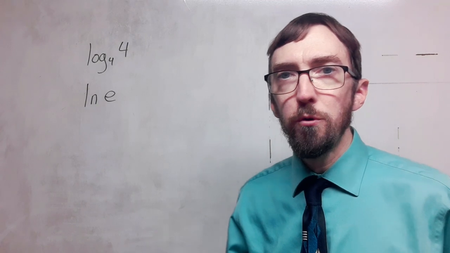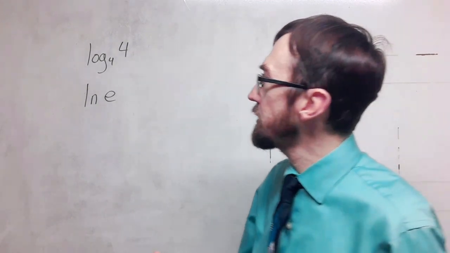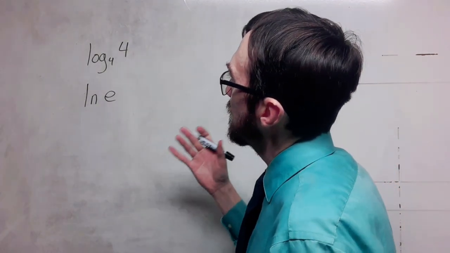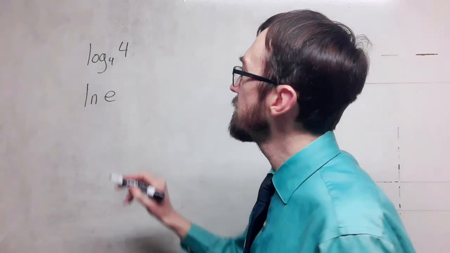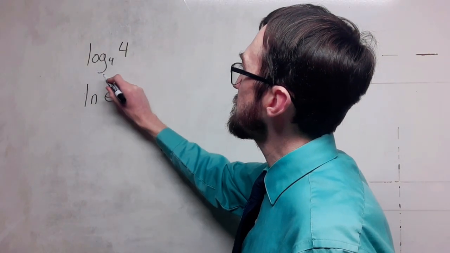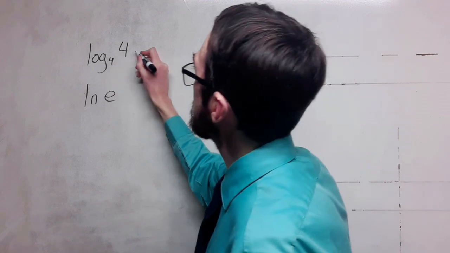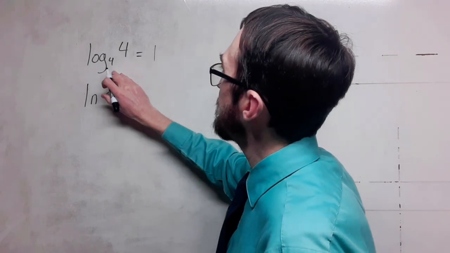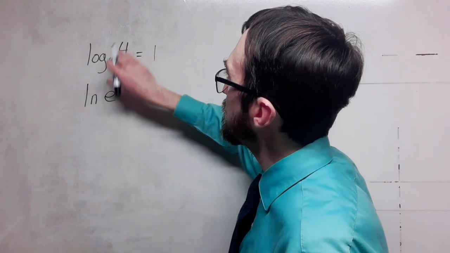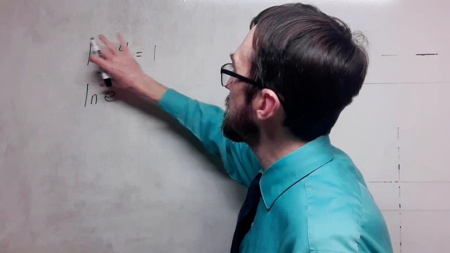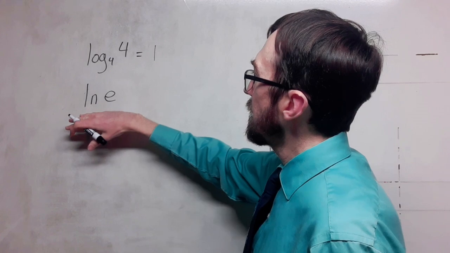Let's talk about a couple other properties that are very nice that's going to return to us the multiplicative identity. The first example I have is log base 4 of 4. This is going to give us 1. Since the base is 4 and we are putting 4 into the function, this all goes to 1.